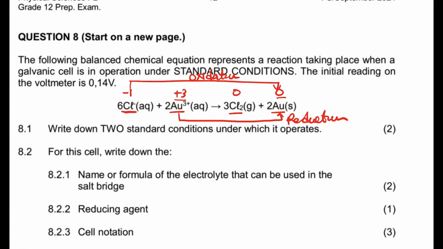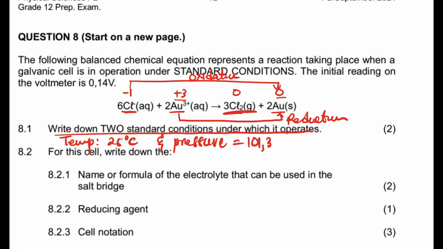Very important. It says write down two standard conditions under which this cell operates. So we're going to take the temperature, 25 degrees Celsius, and maybe the pressure, because there's a chlorine gas here, the pressure will be 101.3 kilopascals, right? Or you can take any two, including the concentration.